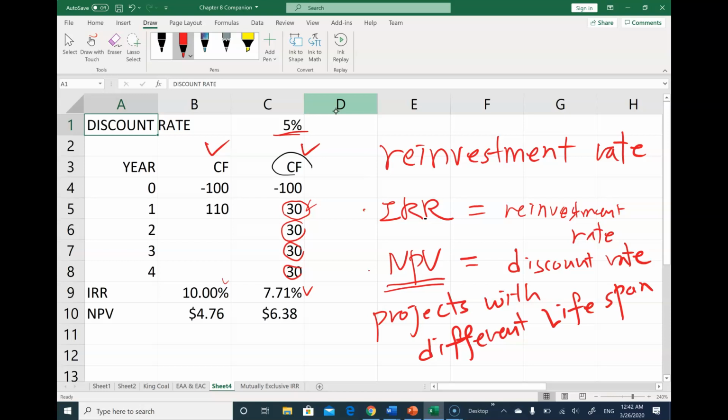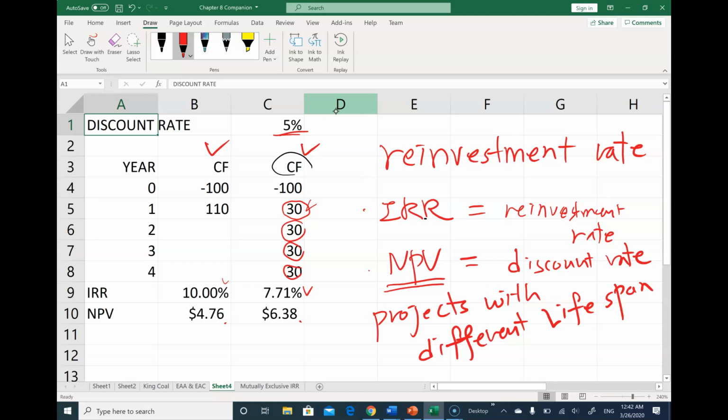So when we use the net present value to compare these two projects, we have to understand the underlying assumption that in case of this 1-year project, after the project is over, in year 2, 3, and 4, everything will be reinvested at the rate of 5%. Okay.